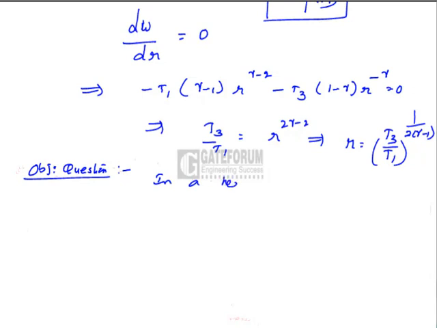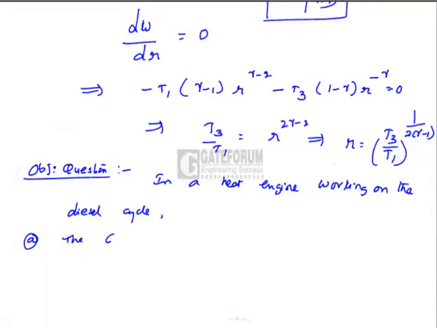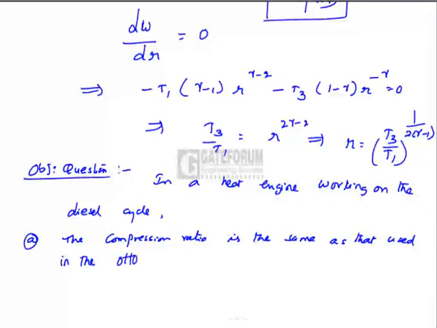In a heat engine working on the diesel cycle, option A, the compression ratio is the same as that used in the Otto cycle.